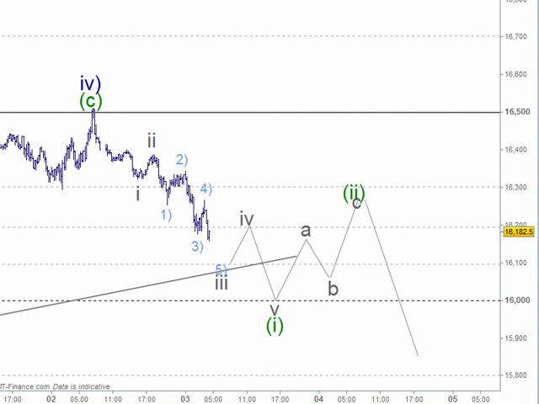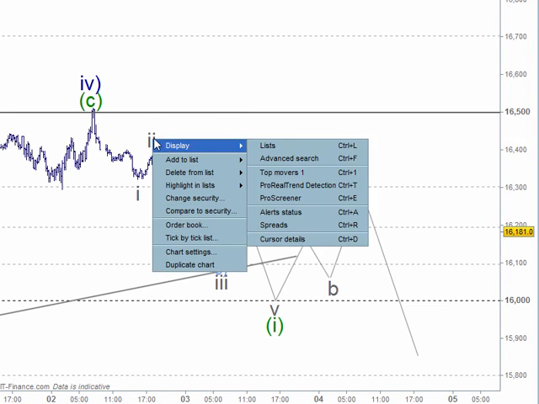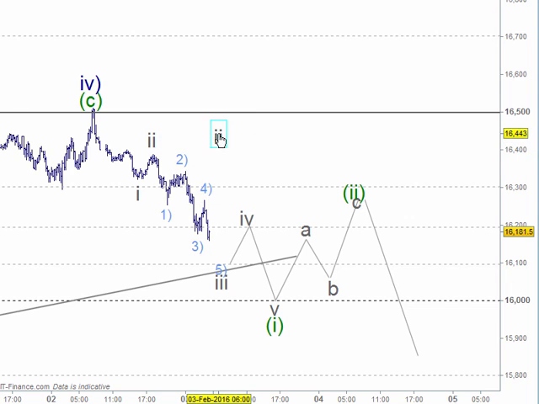I'll just see if there's a gap on the cash market for the Dow Jones as well. Yeah, there is, and it's in this little area here. So we've got a little gap in here as well. I just think that we need to point them out. The gaps are not important on all markets.